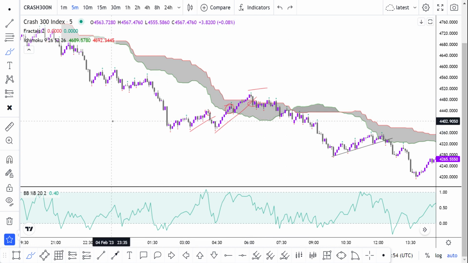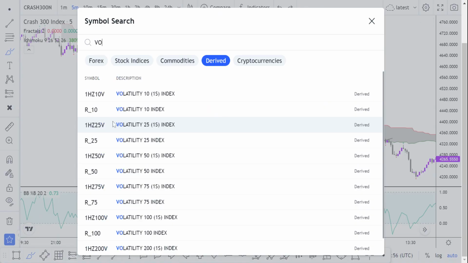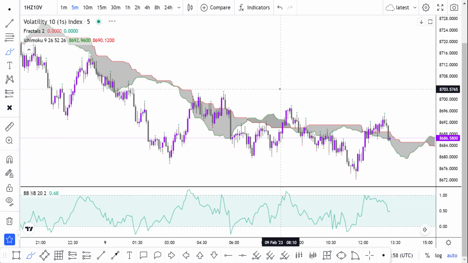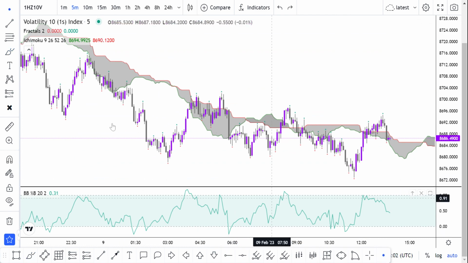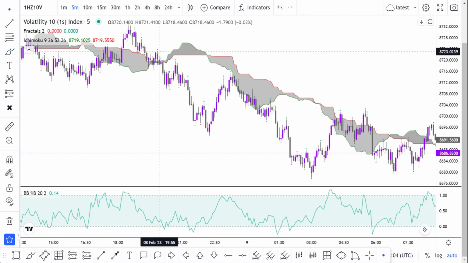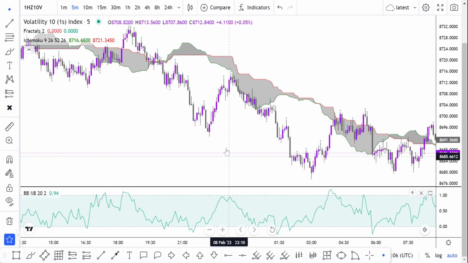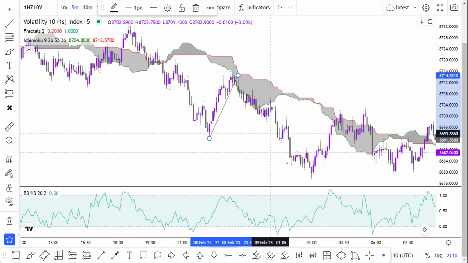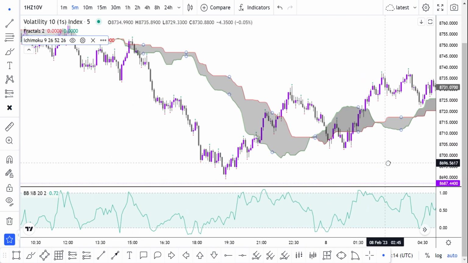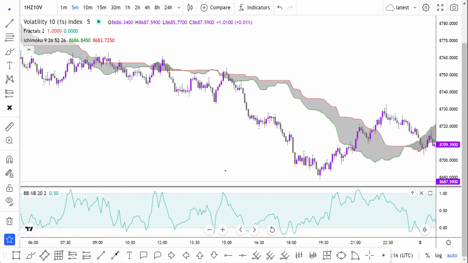So it works even if you look at volatilities. To show you how effective it is, it works on volatilities: price beneath the cloud, touches, draw your trend line to mark, and you can see the massive profits you had there. Let's look for buy. Okay, look at this. I mean, it's just wonderful.